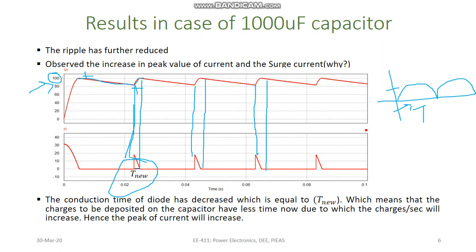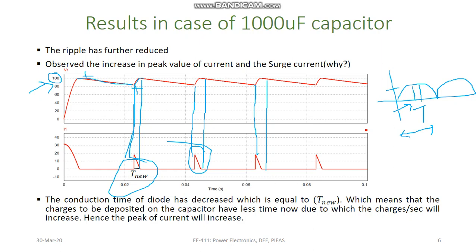It was because we had a large amount of time during which a small number of charges were being deposited on the capacitor or towards the load. But now when a large value of the capacitor is applied, the conduction time of this diode has reduced to be T new.